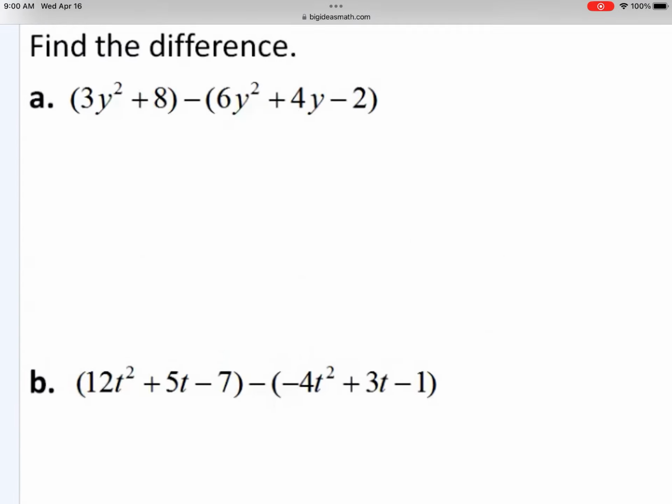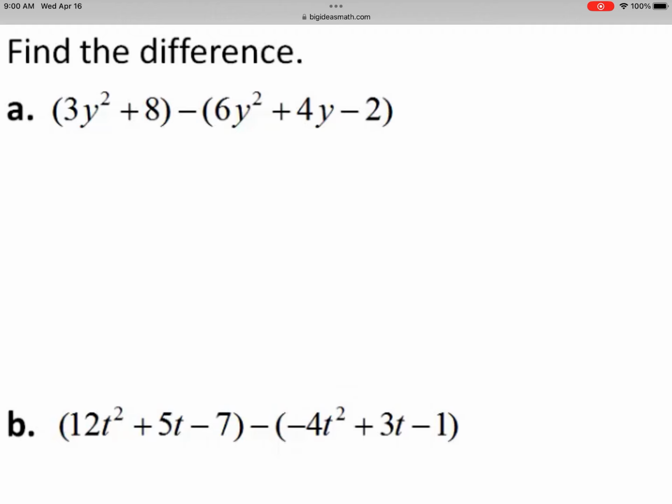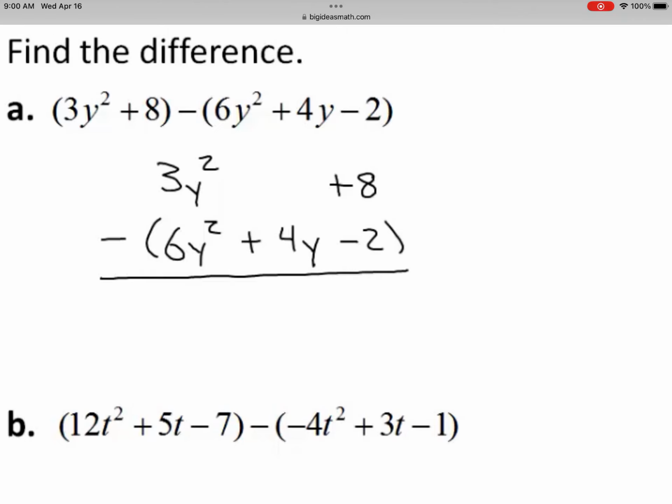Find the difference. Part A. The quantity 3y squared plus 8 minus the quantity 6y squared plus 4y minus 2. Align like terms vertically and add. Rewrite the subtraction as addition by using the distributive property.